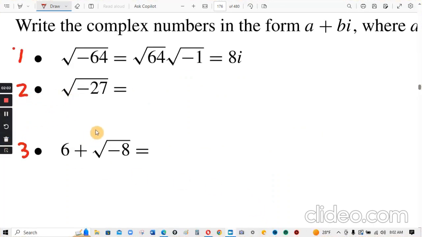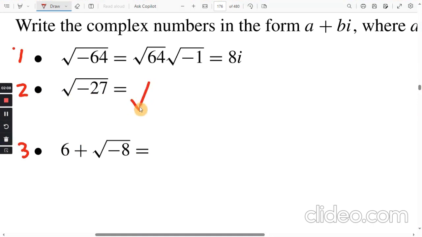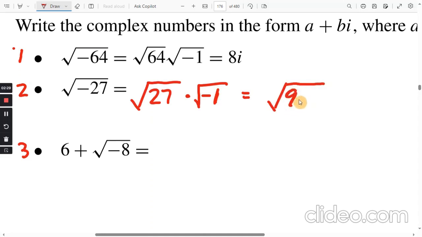All right, let's look at the second example, square root of -27. That's the equivalent of the square root of 27 times the square root of -1, because 27 times -1 is -27. Square root of 27 is the same as the square root of 9 times 3.